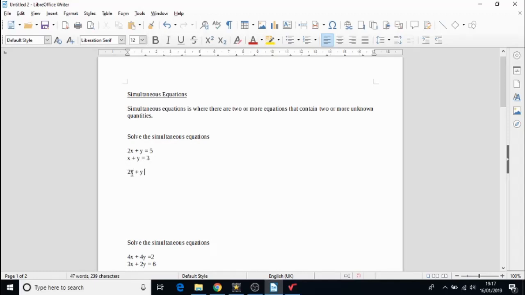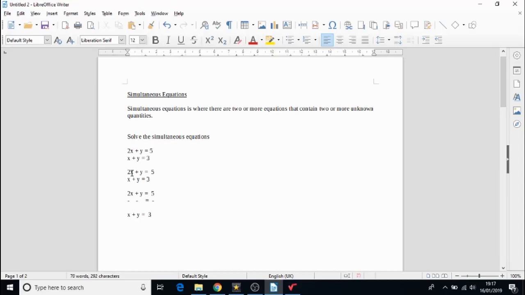So 2x plus y is equal to 5, and I'm going to subtract x plus y is equal to 3.